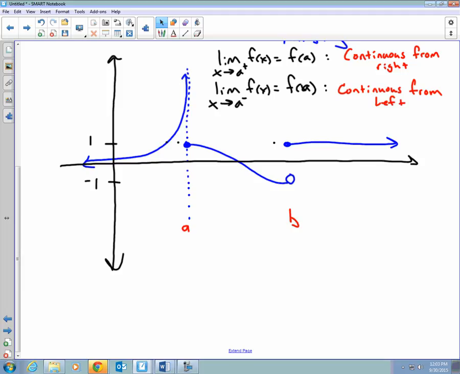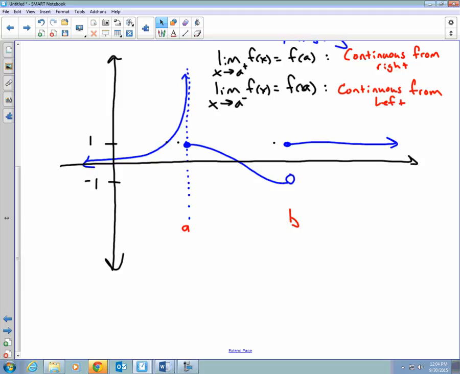f of a is 1. Is that the same as the limit from the left or the limit from the right? The limit from the right. So we would say that a has right side continuity, but not left side continuity. Does that make sense? Look at b.